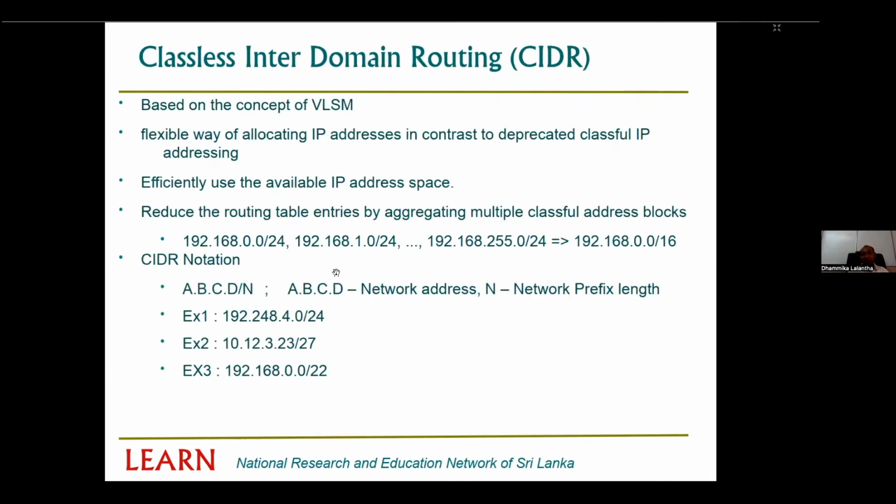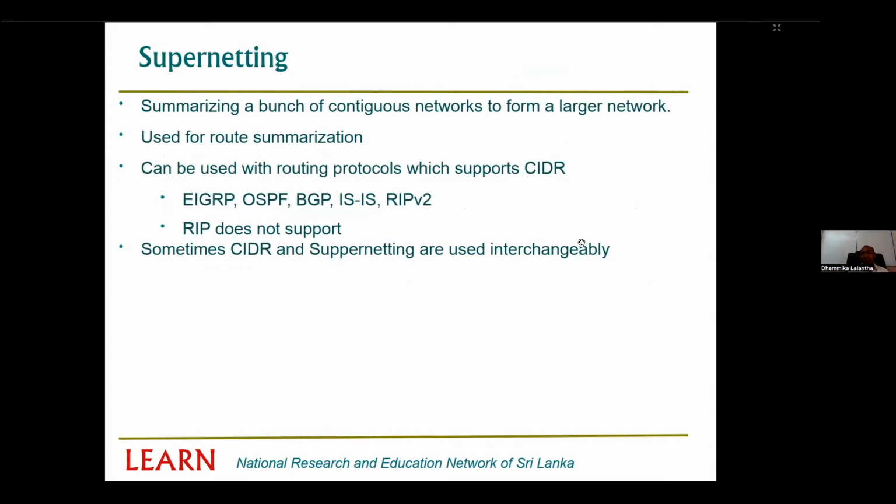What is happening in the last example is the same as that. These are contiguous networks, and if they are contiguous, we can summarize that number of networks into a single network like this. That is what happens in supernetting. Supernetting is used for route summarization.